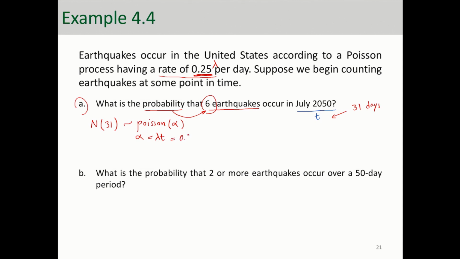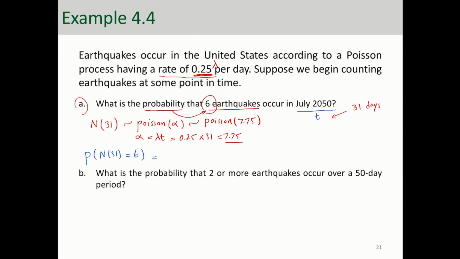So lambda 0.25 times 31, that's 7.75. That's the parameter of this Poisson random variable. So you can say N of 31 is a Poisson with parameter 7.75. Now the probability that we're trying to calculate here is the probability that this random variable N31 is equal to 6, the number of arrivals in 31 days.